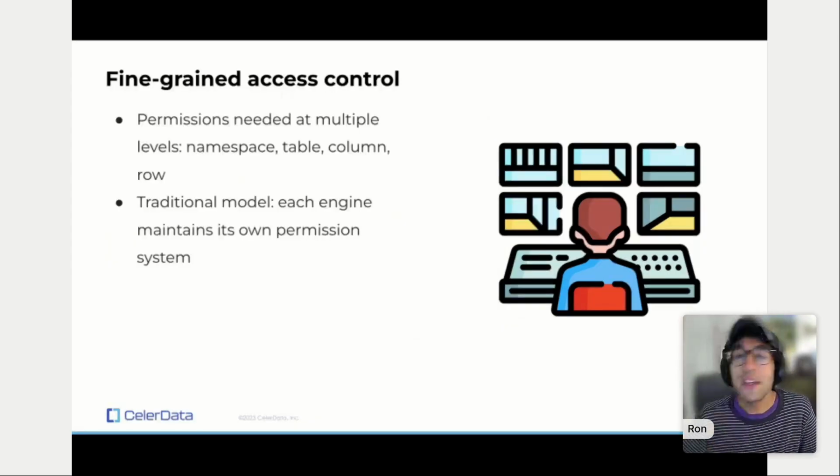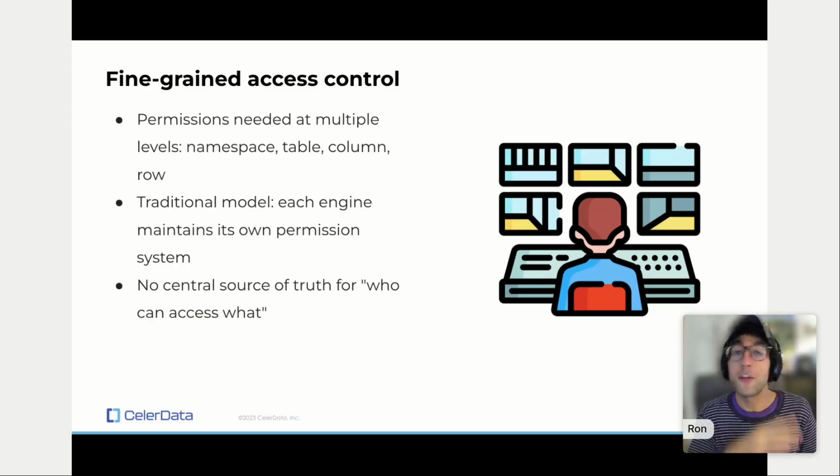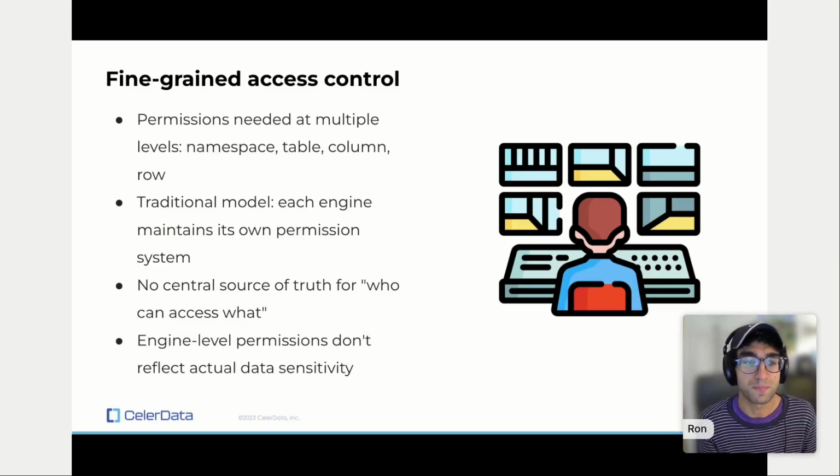And when each engine has its own permission system, whether it be a loosely coupled external permission system that's tied or proprietary to that engine, you get into a whole another mess of not having a central truth for who can access what. So it kind of boils back down to having engine-specific implementations that make life difficult, right?